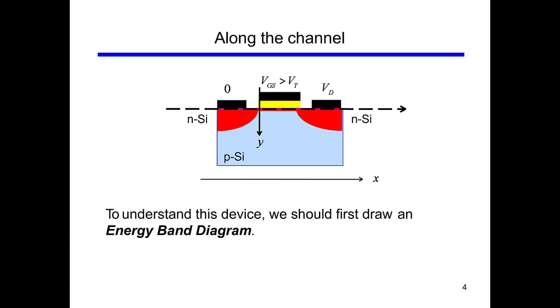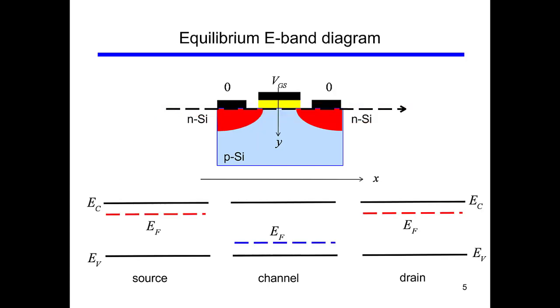Now what happens if we want to have a look at the energy band diagram in the horizontal direction? In this direction, that is parallel to the channel, and this is the one that will determine whether the channel will support the transport of current.